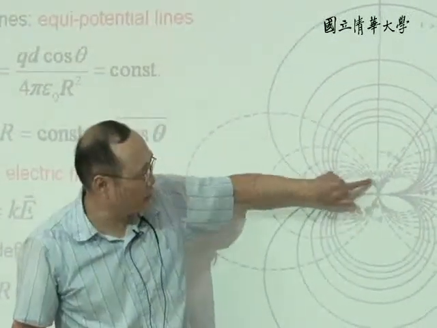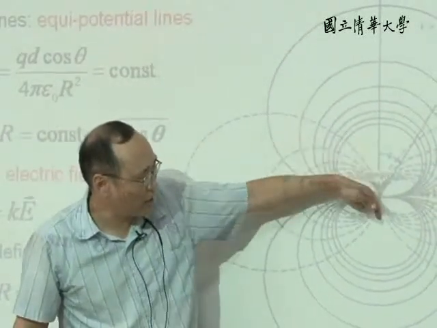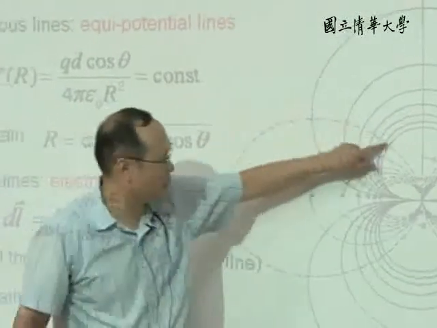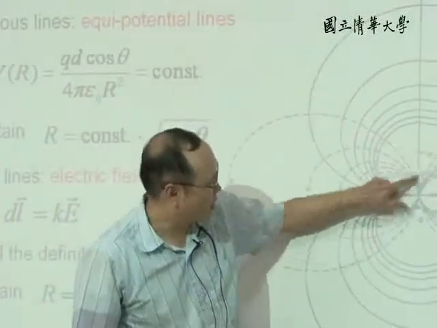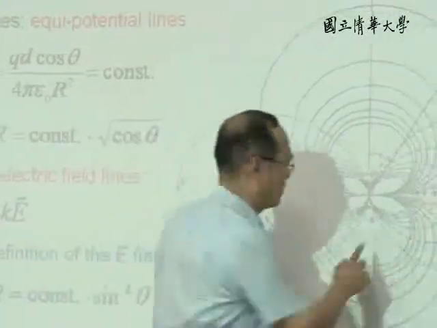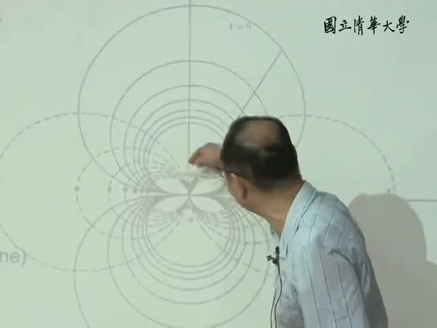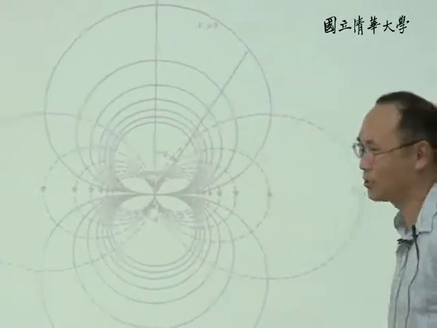So the electric field line from here to here is a straight line downward and then goes out like this, and the electric field line comes down from positive charge to a negative charge.